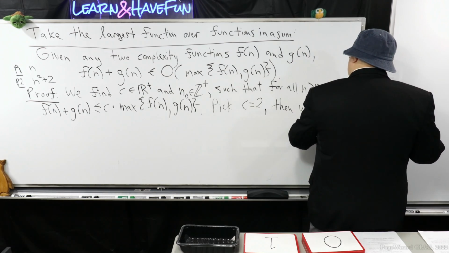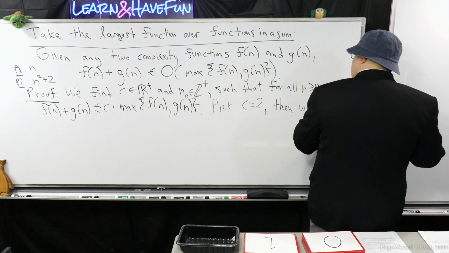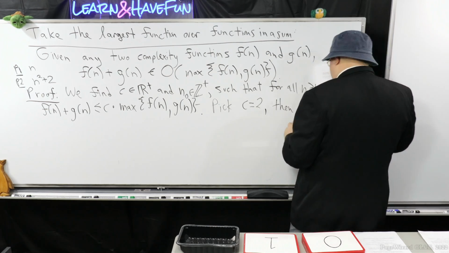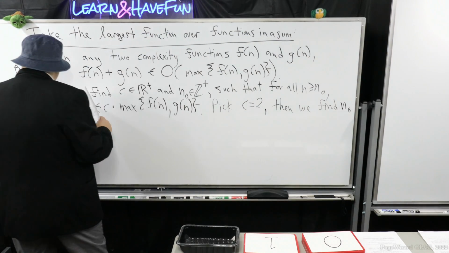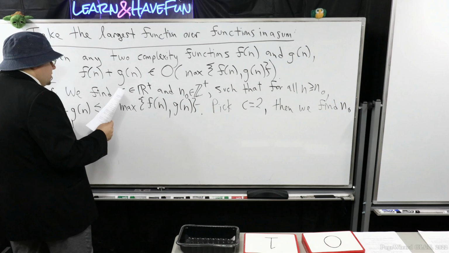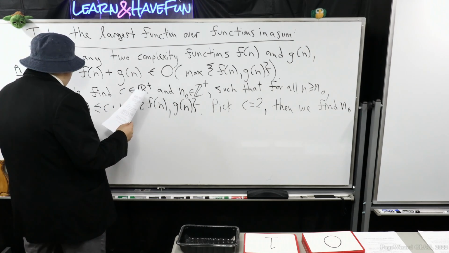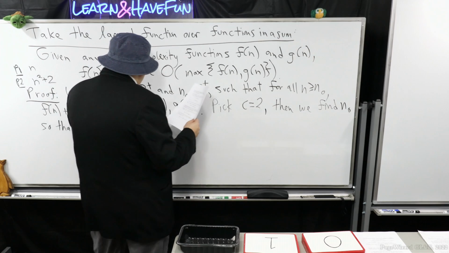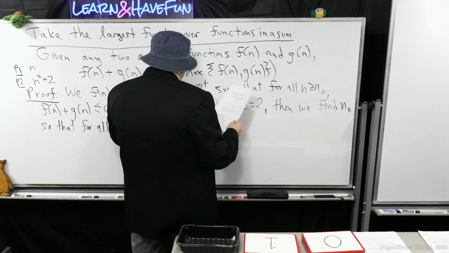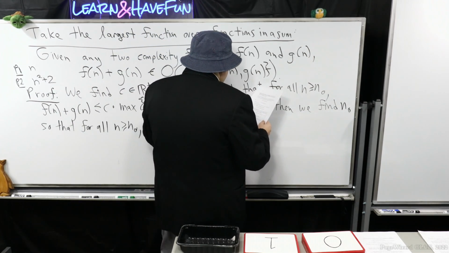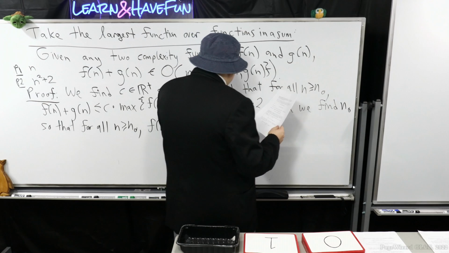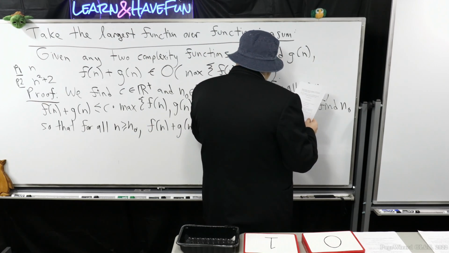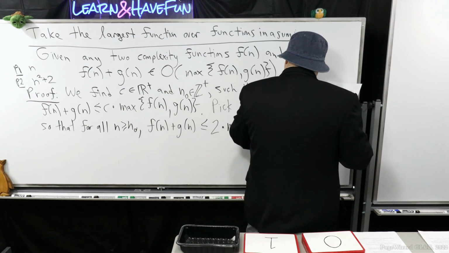Then we find n0, so that for all n greater or equal to n0, we know that f of n plus g of n is less than or equal to 2 times the max of f of n and g of n.